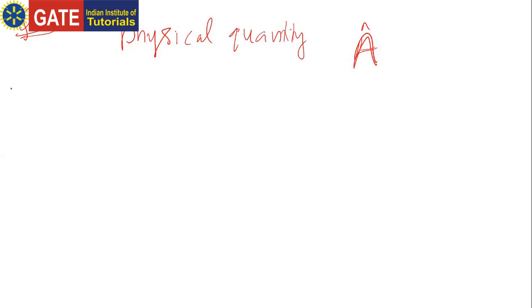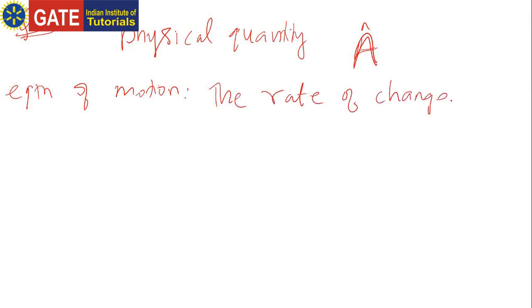What is the equation of motion? Equation of motion: the rate of change of physical quantity.